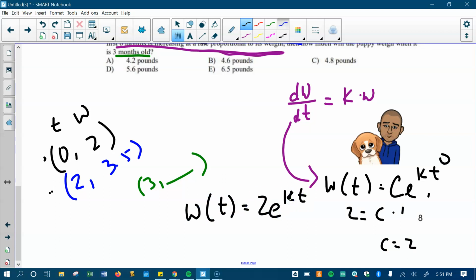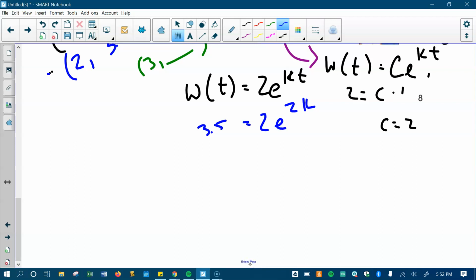Now let's next plug in our blue point 2, because now I have to solve for k. So now when plugging in 2, I get 2e^(2k) is equal to 3.5. And I can go ahead and solve this here if I want to. 3.5 divided by 2 is 1.75, which is equal to e^(2k). Take the natural log of both sides to solve for k.